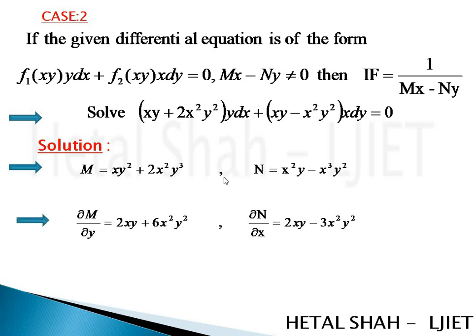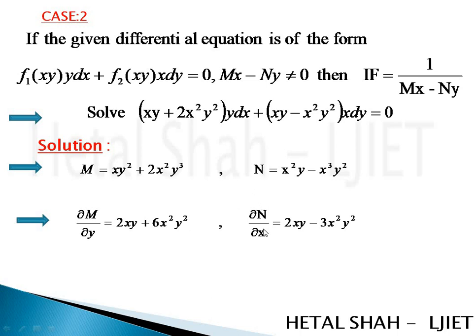Okay, now check the necessary and sufficient condition for exactness, that is del M by del y. The derivative of M with respect to y is 2xy plus the derivative of y cube, which is 3y square, into 2x square, that is 6x square y square.